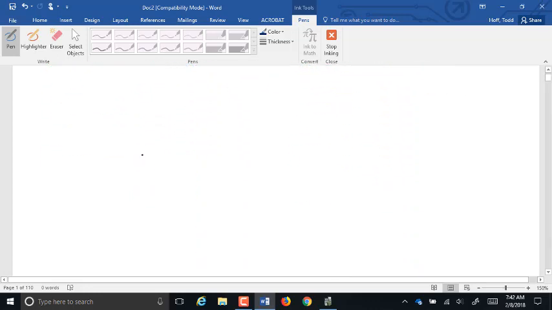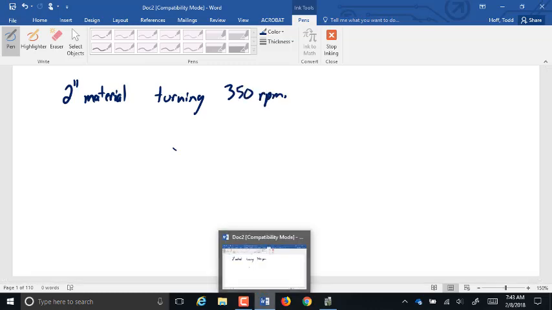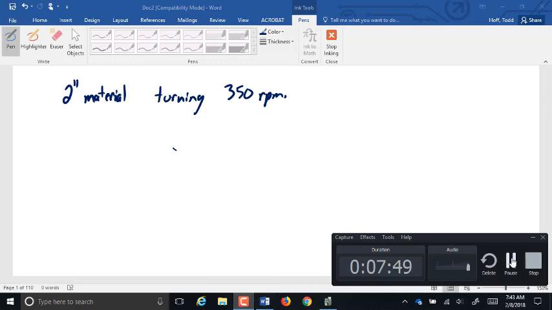So let's say you have 2-inch material in a lathe turning 350 RPM. In your notes, find that surface cutting speed for me.